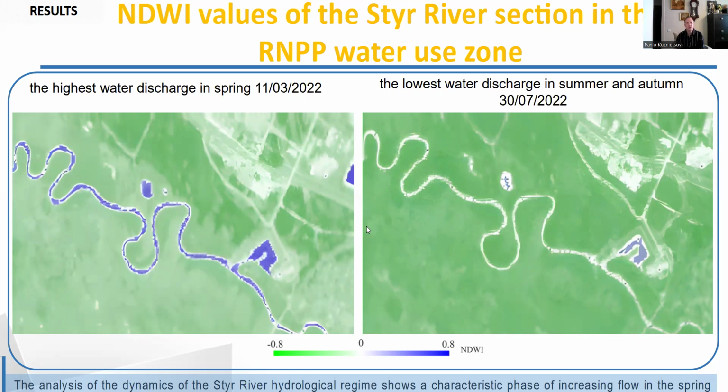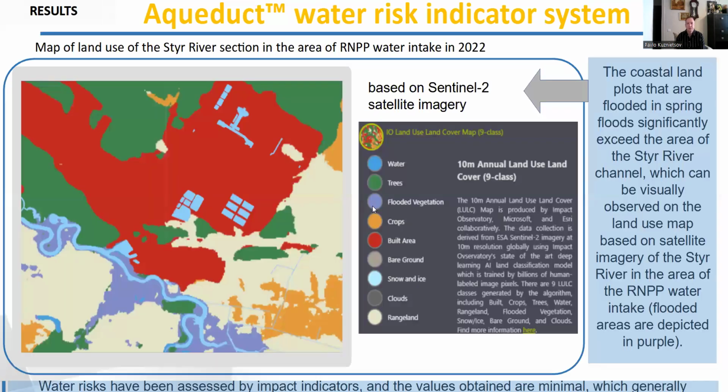In 2019 and 2020, during the warm season, minimum discharges were observed, which can be identified as a period of low water. The hydrological regime of the Styr River is characterized by a distinct type of spring flood and summer low water mark. As you can see from the slide, the coastal land plots flooded in spring floods significantly exceed the area of the Styr River channel.